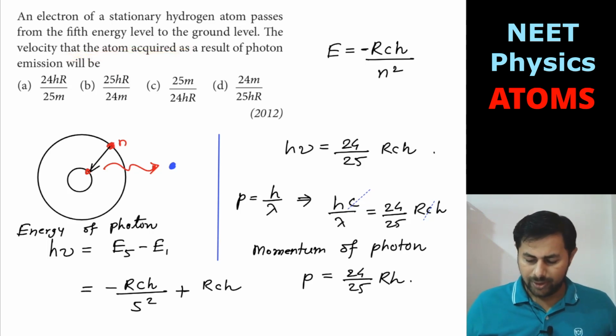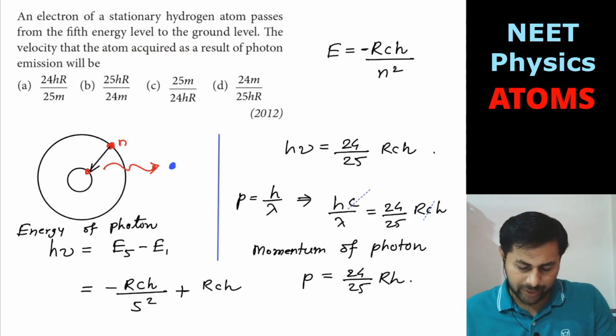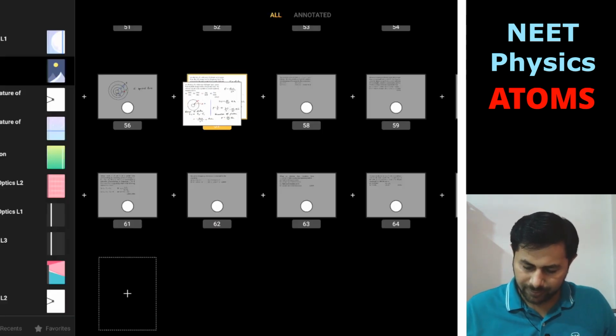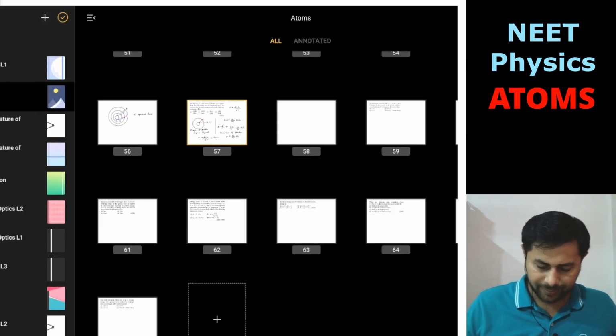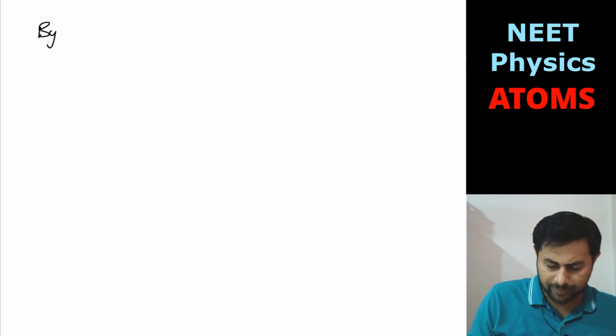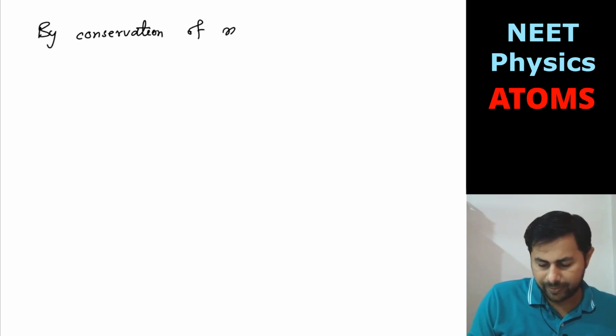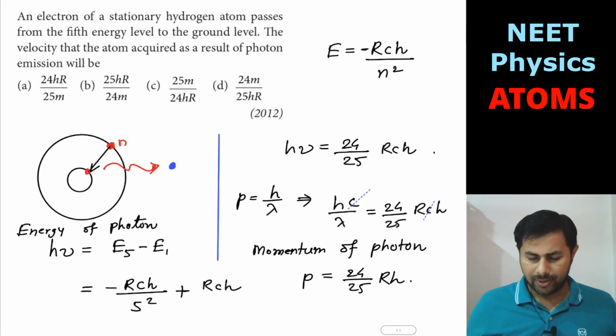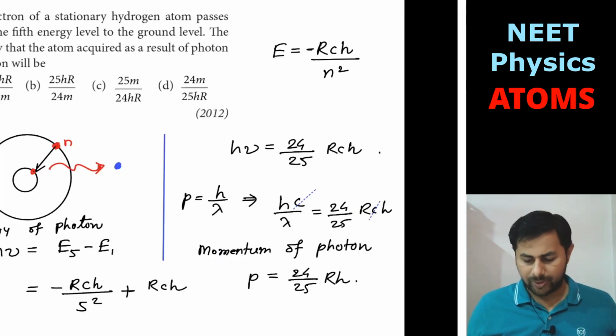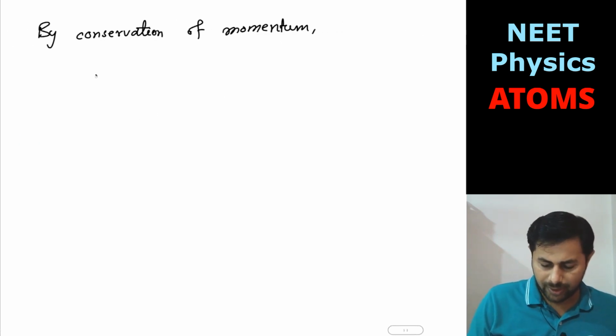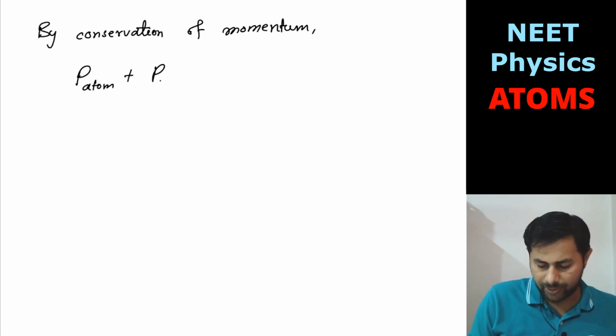Okay, so by law of conservation of momentum, what you can say is, momentum of atom plus momentum of photon is equal to 0, right?